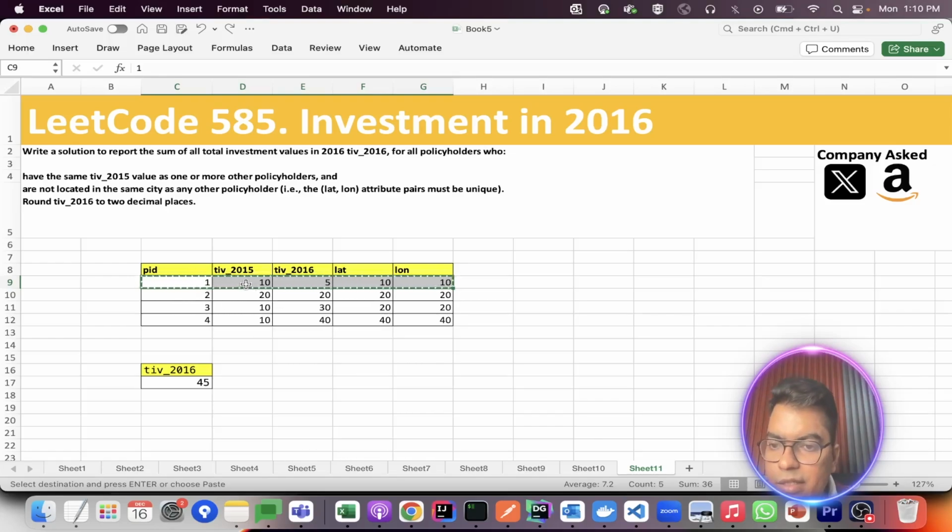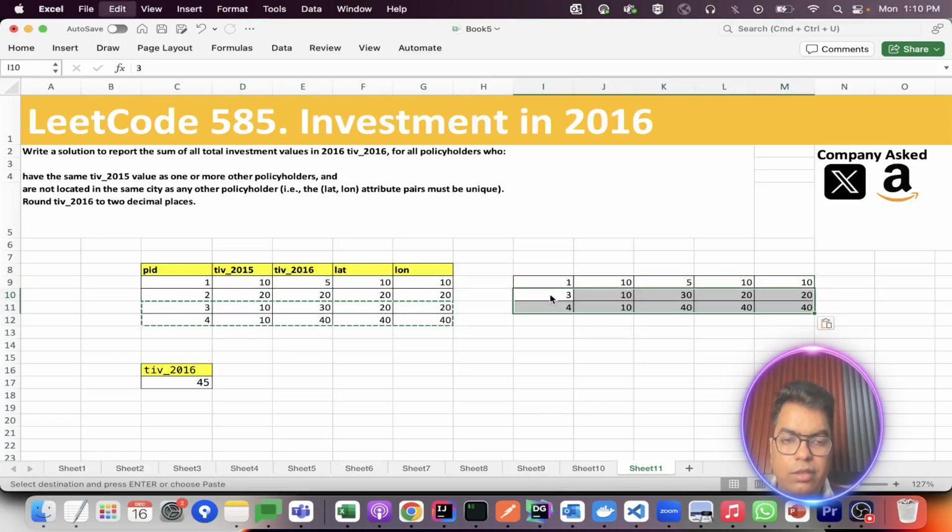Let us consider how many other policy holders have the same TIV 2015 value. If we check, the 3rd and 4th rows have the same TIV 2015. So these rows may participate in the solution. I am just saying they may participate; they can also be eliminated later based on the second condition.